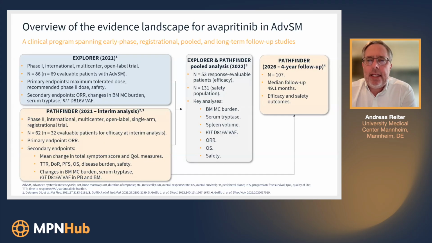Key parameters for analysis are the bone marrow mast cell infiltration, the serum tryptase, the KIT D816V allele burden, then the overall response rate, also meaning besides mast cell burden and serum tryptase reduction, also normalization of cytopenias, overall survival, and of course safety is also a very important point. And for the Pathfinder trial, we just recently were able to publish the 4-year follow-up data, meanwhile with a median follow-up of 49 months.